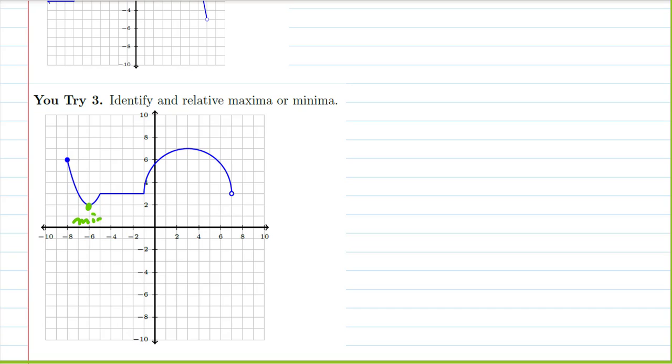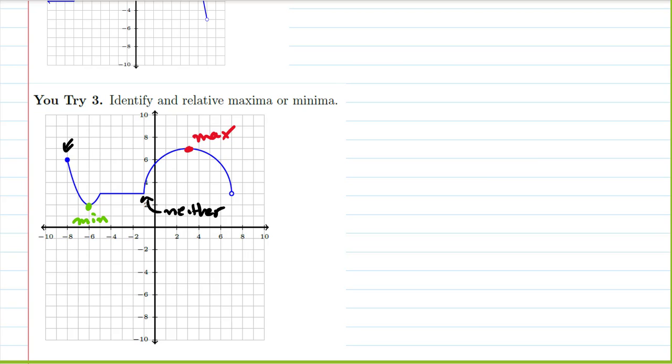So that's going to be our min. And over here, our graph is going up and then starts going back down, and it's going to be a max. So one place we have to be careful with is right here. This is neither, because our graph goes from constant to increasing. So since it wasn't decreasing to increasing, it's not going to be one.